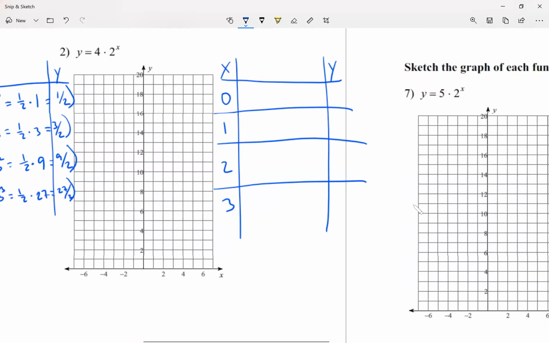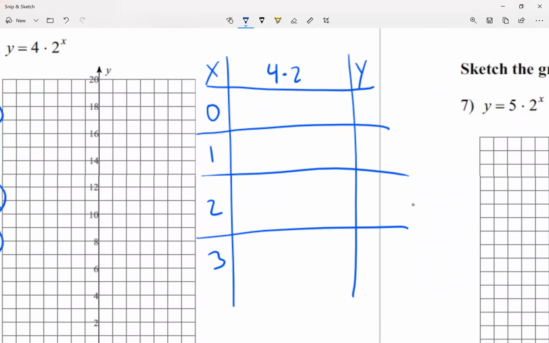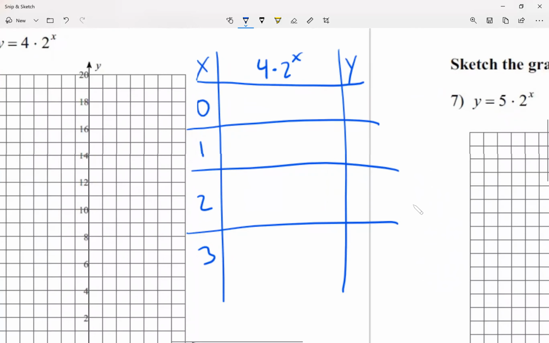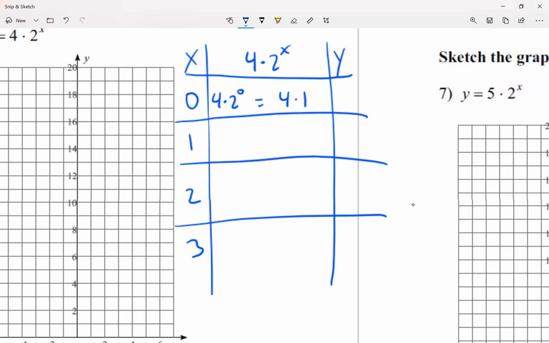All right, so the equation is, as a matter of fact, let me even write it over here, 4 times 2 to the x. So if x equals 0, basically I have 4 times 2 to the 0. That is basically 4 times 1, because anything to the 0 is 1. So 4 times 1 is 4.